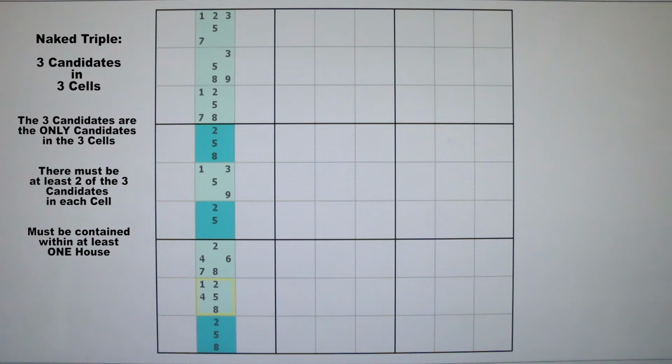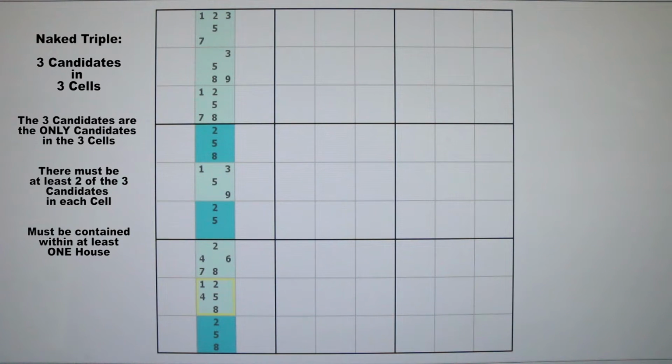Okay? All right, now let's look at a column. And we see we have a triplet of 2, 5, and 8 that lies in 3 cells, although only the 2 and the 5 occur in the middle cell, which is okay. So this means the 2, the 5, and the 8 have to go into those 3 darker colored cells.